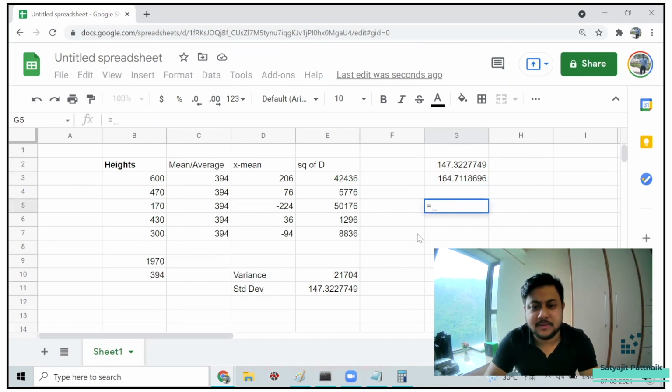It's nothing but when you are calculating the variance, the variance is basically E10.